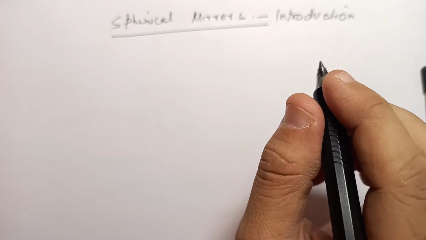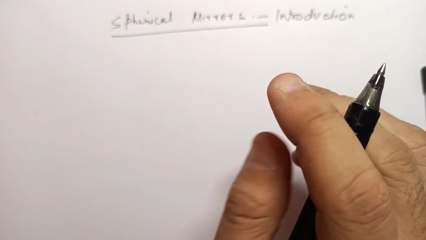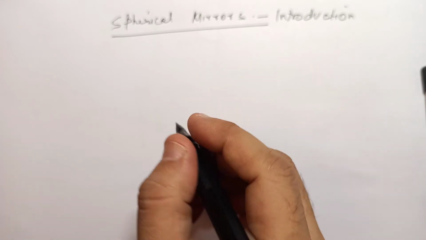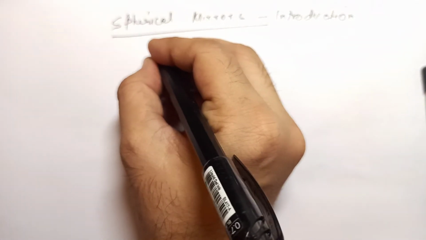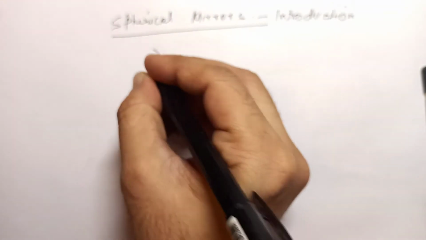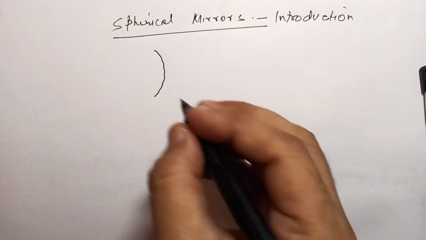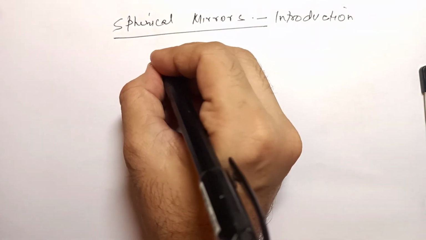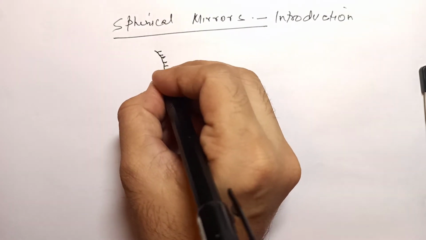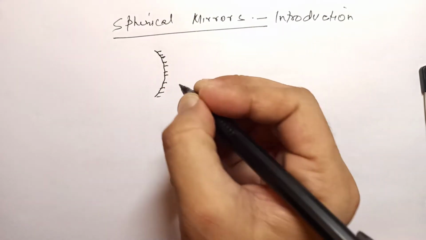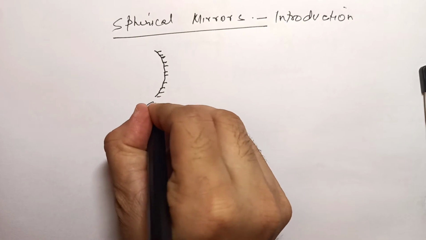Now concave, what is concave? Cave is something which goes inside, right? If you paint this area, then it becomes a concave mirror.